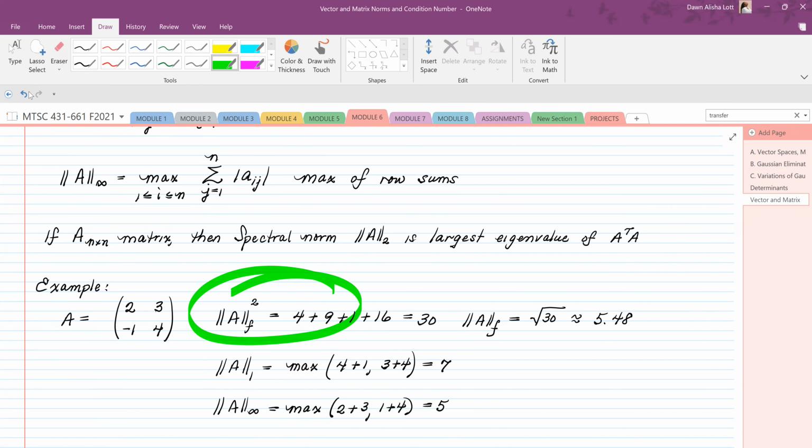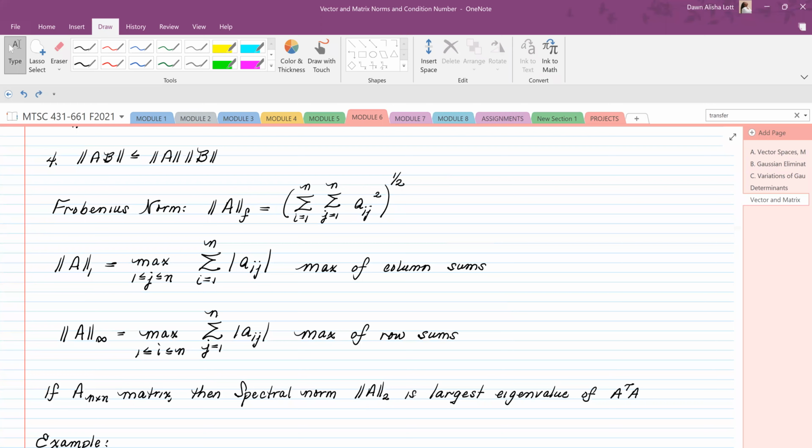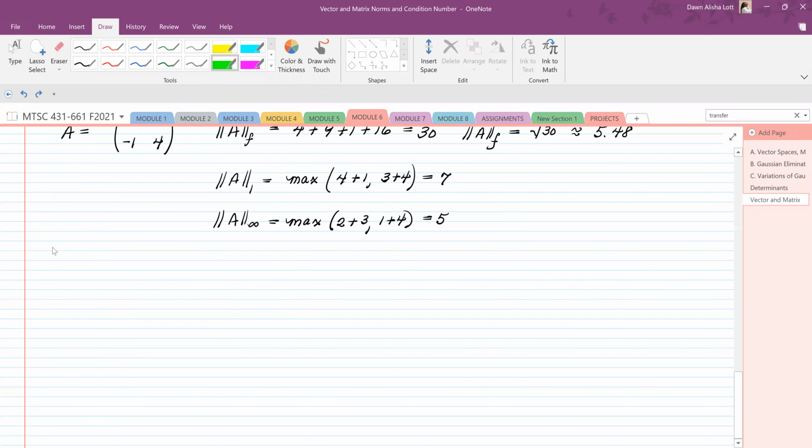Okay, so I took 2 squared, got 4, plus 3 squared, plus 1 squared, plus 4 squared. Okay. So the Frobenius norm says square every term and add them all up, and then take the square root at the end. Okay. All right. So now MATLAB.